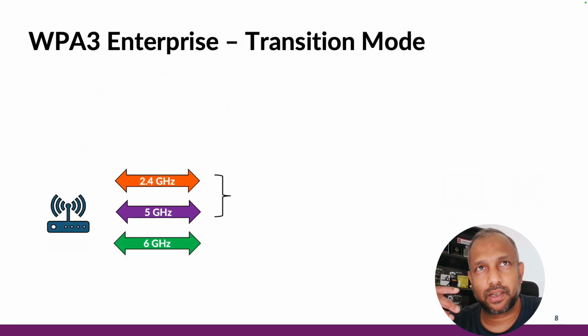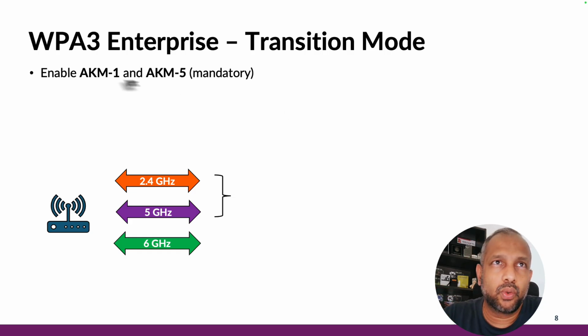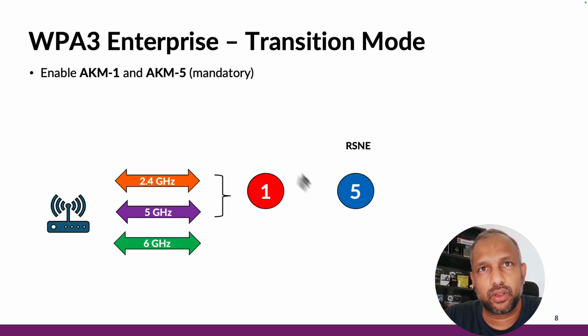In this particular setup, you can enable AKM values 1 and 5 on your SSID, but this WPA2 AKM value 1 can only be configured in the legacy bands, 2.4 and 5 GHz. You cannot configure AKM value 1 on the 6 GHz band.